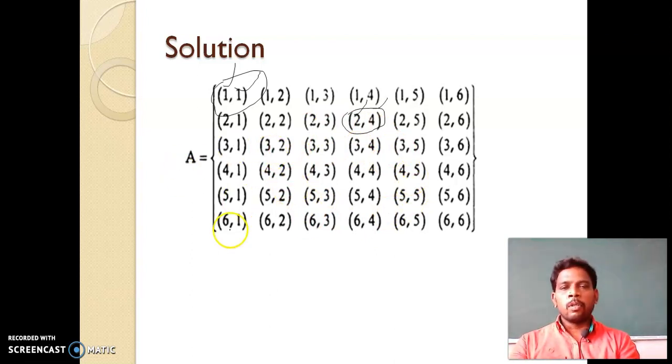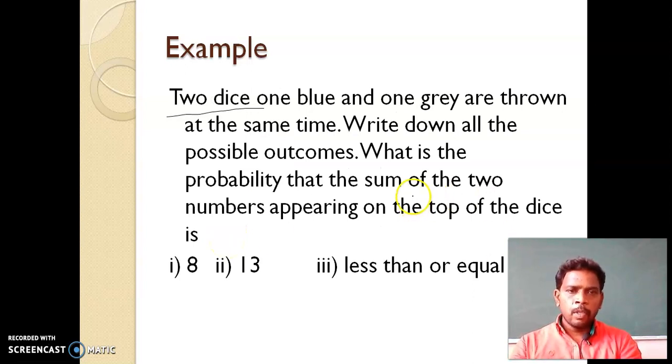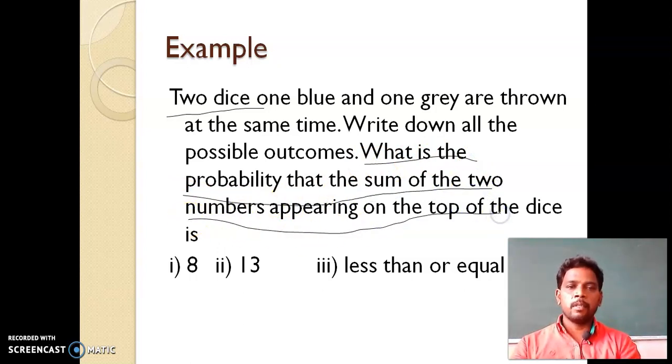So what is the question? Once again, go to the question. What is the probability that the sum of the two numbers appearing on the top of the dice is 8? Sum means the sum of the numbers of both dice.